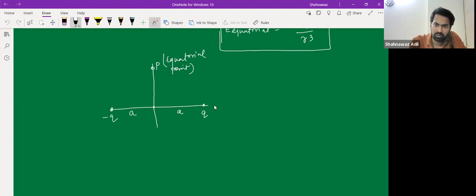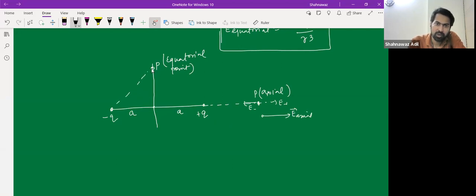Right. So then we calculated at this point, which was the axial point, right? And due to this point, the field was E plus and E minus, but ultimately it was in this direction. Right, Aisha? Yes, sir.